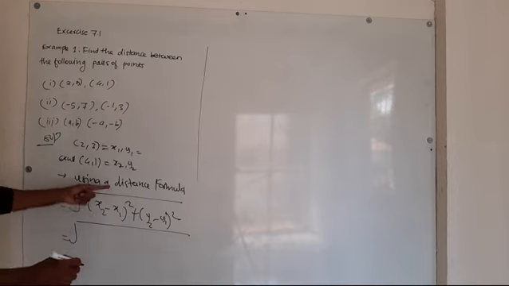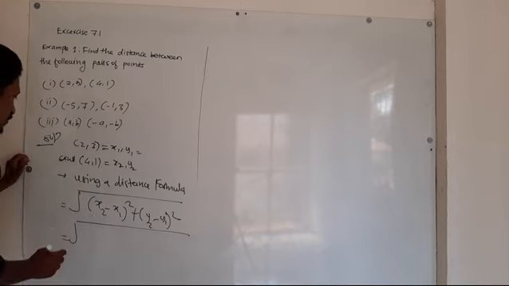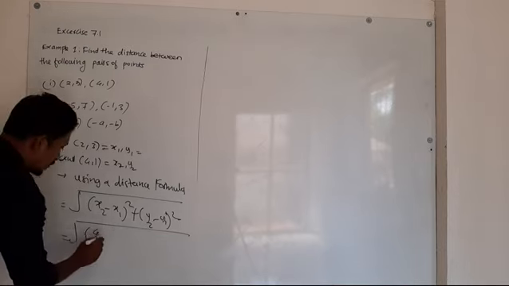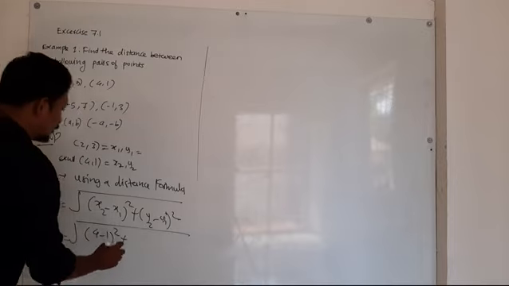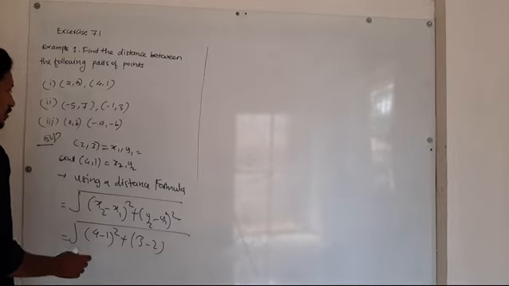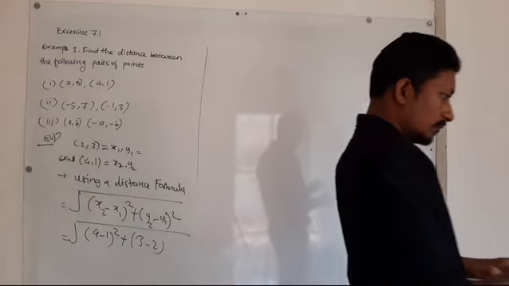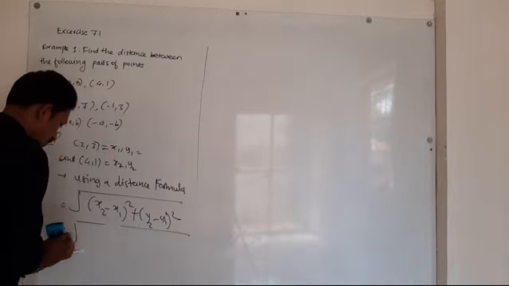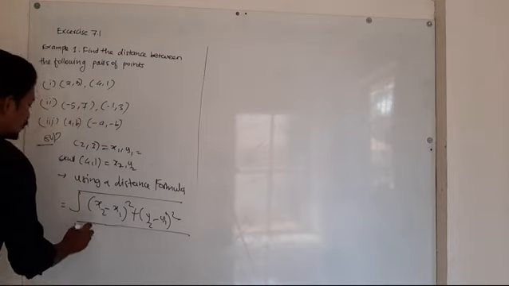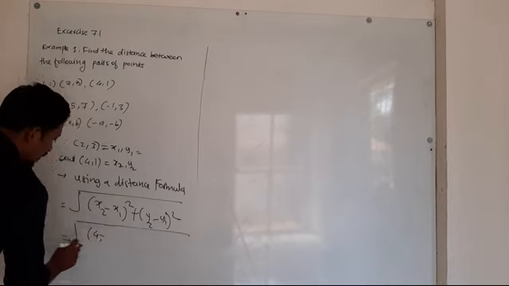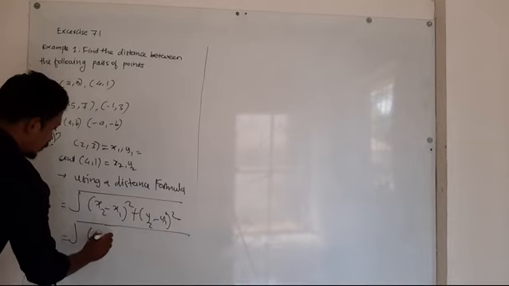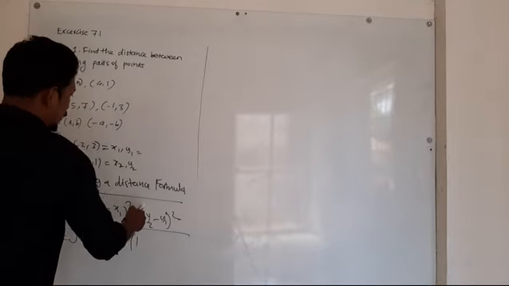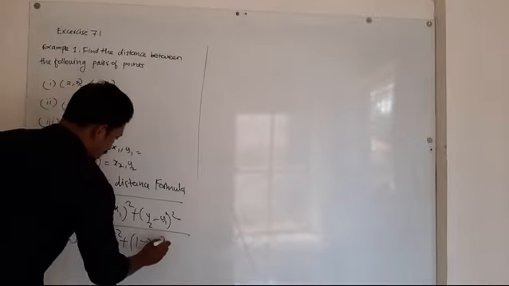The value of x2 is 4, so 4 minus 2 squared, plus y2 minus y1, that is 1 minus 3, squared.